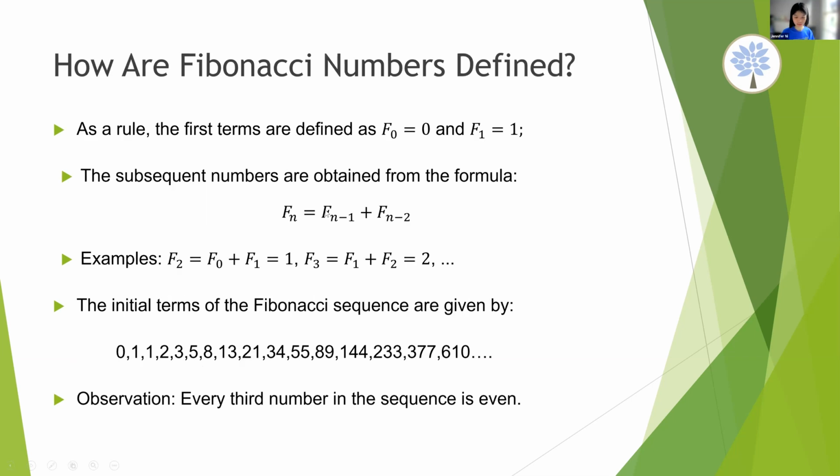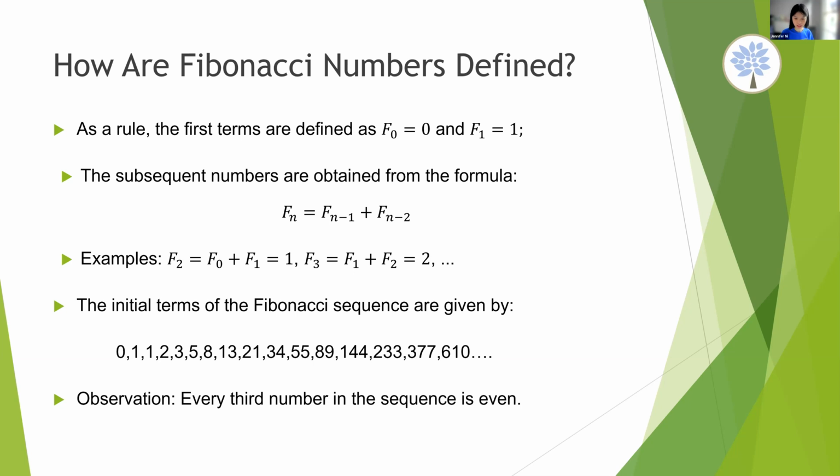How are Fibonacci numbers defined? First rule, the first terms are defined as F0 equals 0 and F1 equals 1. You may have had this sequence presented to you with F1 and F2 equaling 1, and Fibonacci also initially defined it starting from F1.